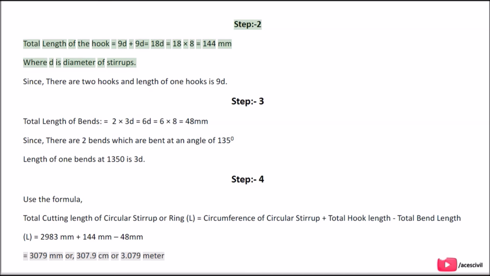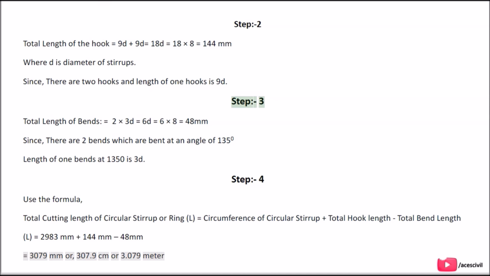Step 2: total length of the hook equals 9d plus 9d equals 18d equals 18 times 8 equals 144 mm, where d is diameter of stirrups, since there are 2 hooks and length of 1 hook is 9d.